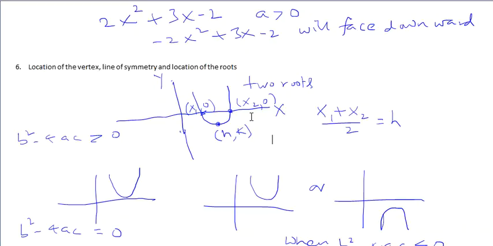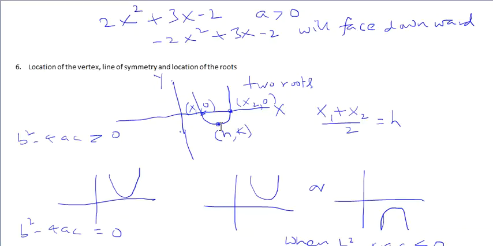Since it's on the x-axis, y is going to be 0, and that's the thing that we look for. So this is the case when b squared minus 4ac is greater than 0. And our vertex, let's say, is at (h, k), and this is something that you need to know.